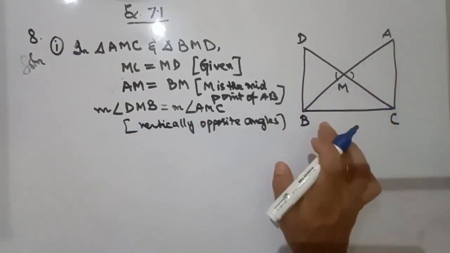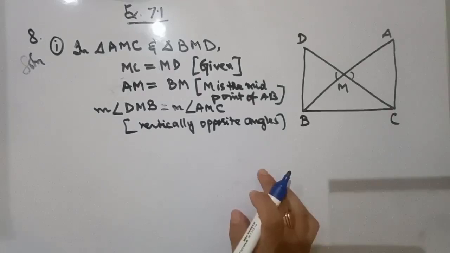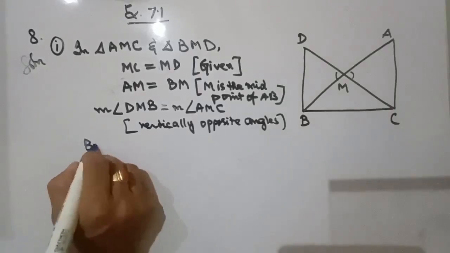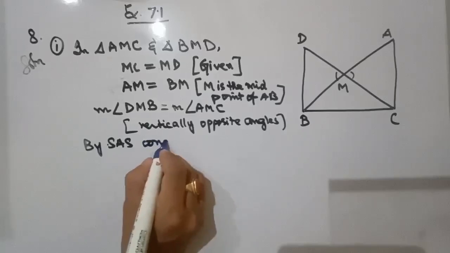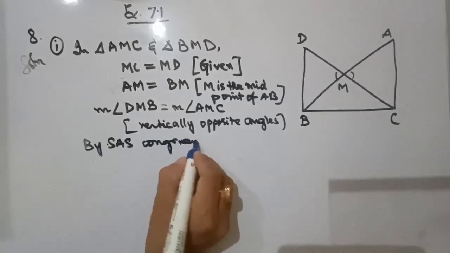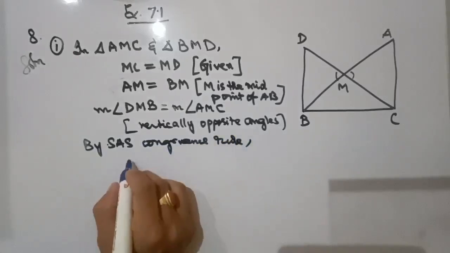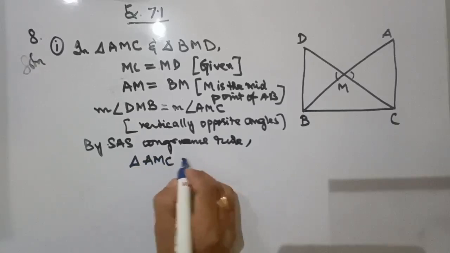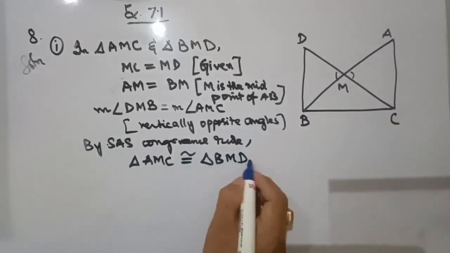That is, two sides and the included angle of these two triangles are equal. So by SAS congruence rule, these two triangles are congruent to each other. So triangle AMC is congruent to triangle BMD.